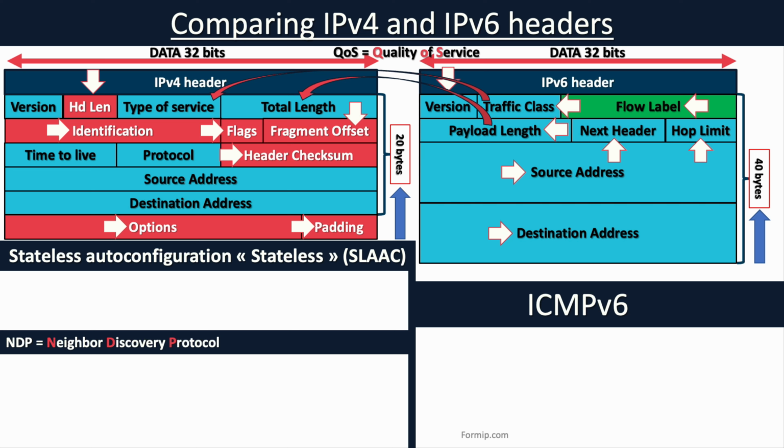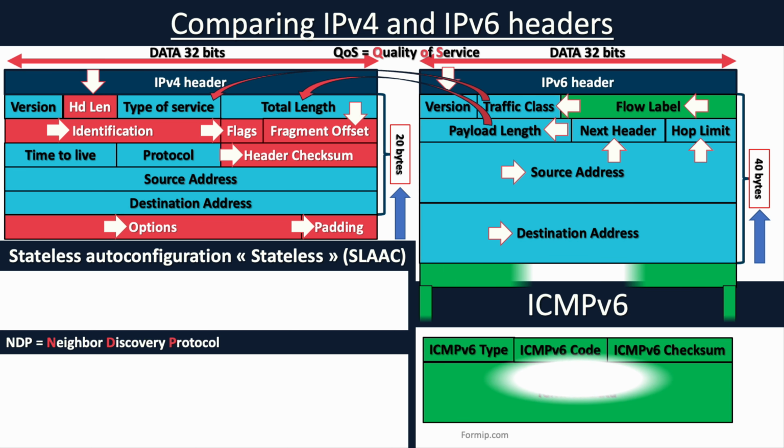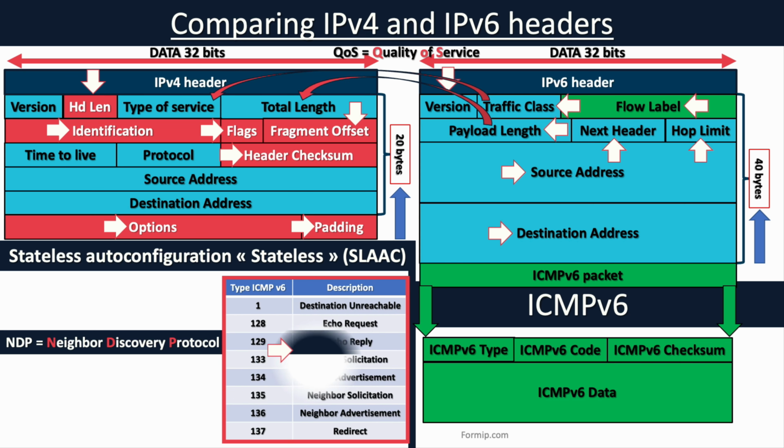Now let's take a detailed look at the composition of an ICMPv6 packet. It does the same thing as in IPv4. That is to say that it also allows you to do diagnostic tests and report problems, but with more additional features. The type field identifies the ICMP message type.